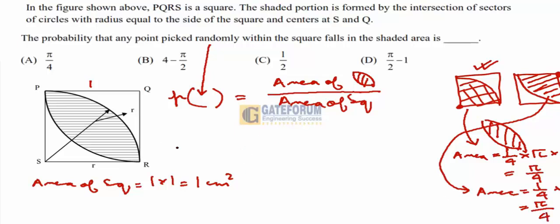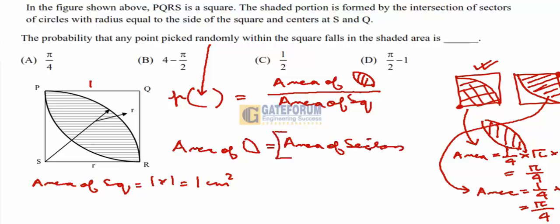So can't I say that area of this would be equal to the summation of the area of sectors minus area of square? Yes or no?